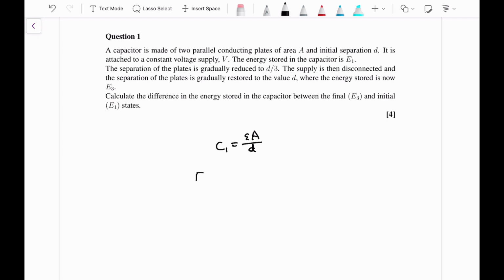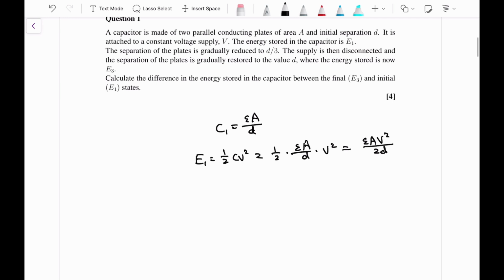E1 will be equal to a half CV squared, which will be a half times epsilon A over D times V squared. So that will be epsilon A V squared over 2D.